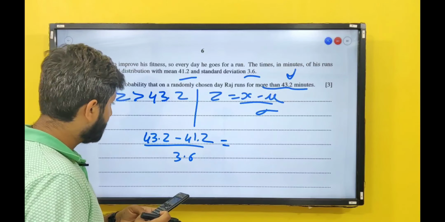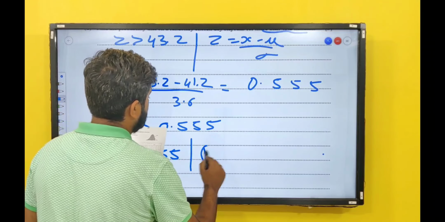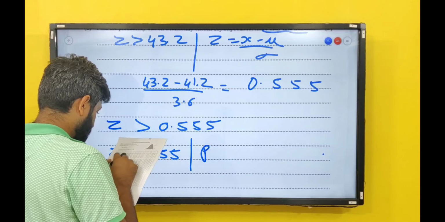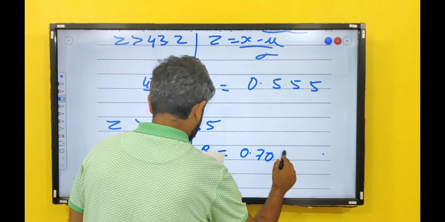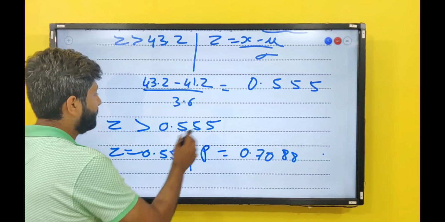When Z is 0.55, the probability is 0.7088. Now we'll have to add 5 also, because we have 0.555.